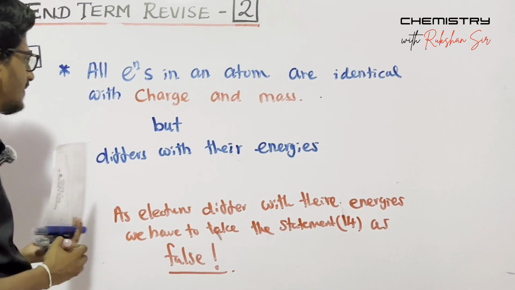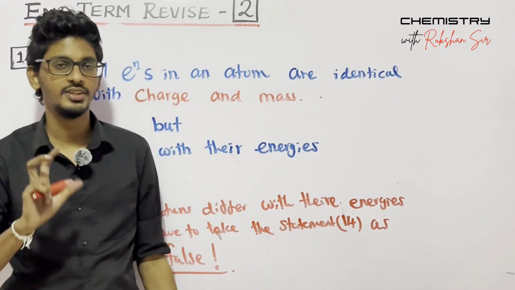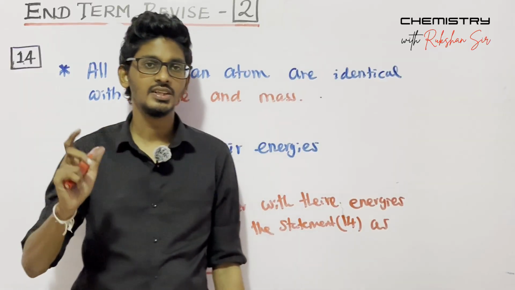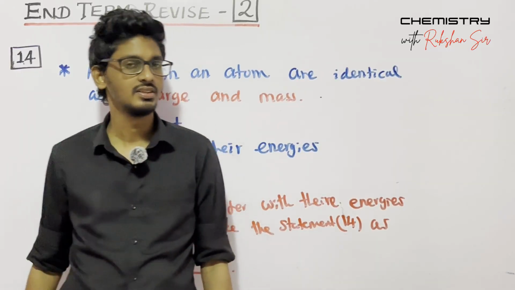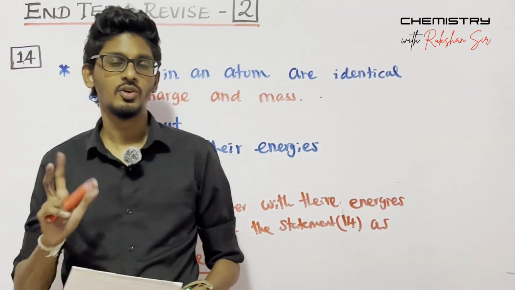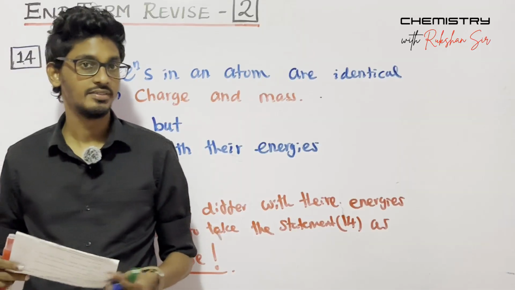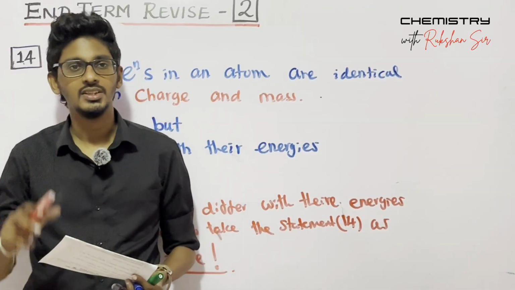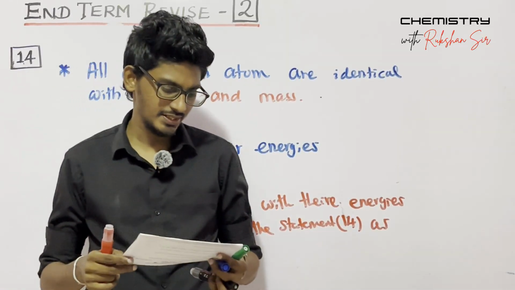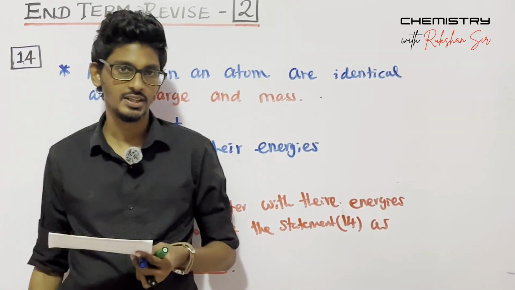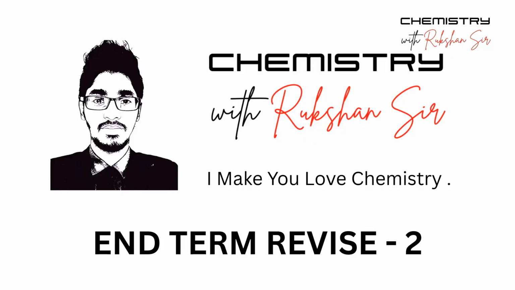If the statement was all the electrons in an atom are identical with mass and charge, the statement is true. But just saying identical gives you a wrong idea, as those are different with the energies. Okay, so for statement number 14, we have to take the statement as a false statement.